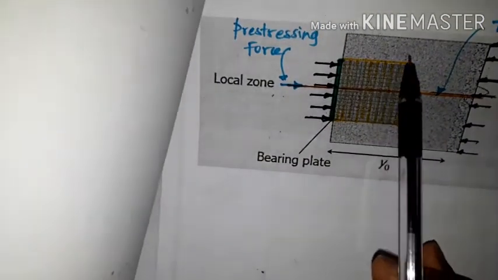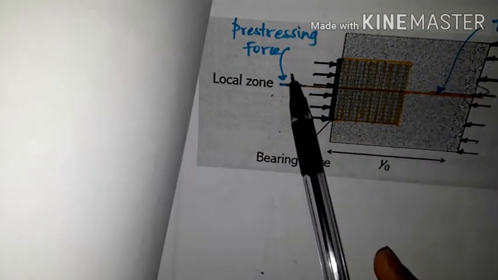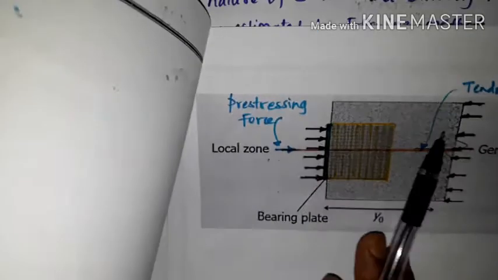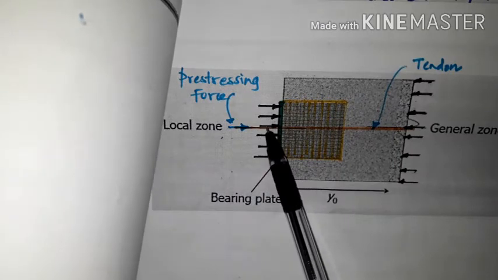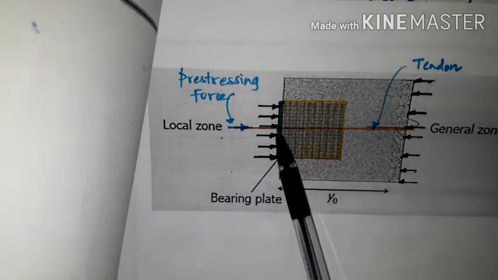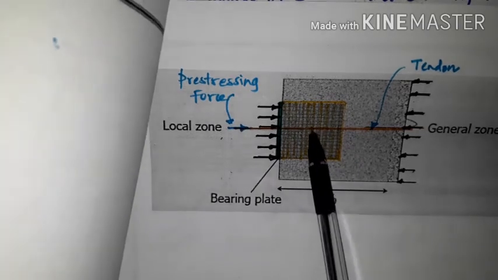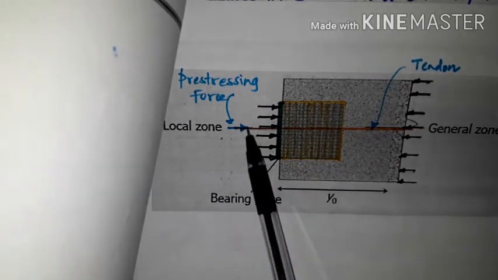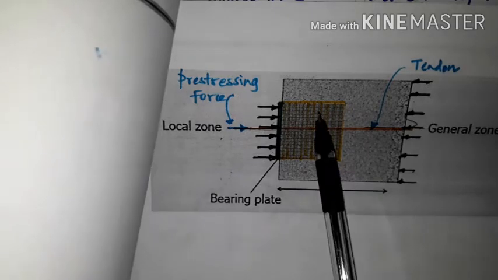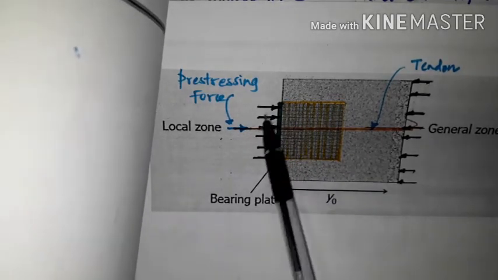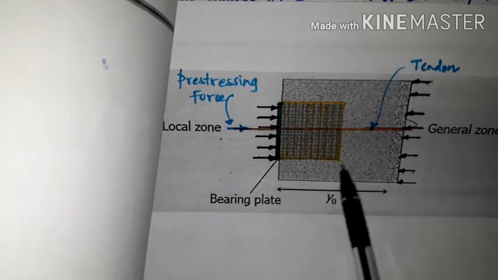So how will the bursting force develop? When the cable is pulled and anchored at the end, it tends to go back or contract elastically, and because of that the prestressing force P, whatever force is developed, will transfer to the concrete.